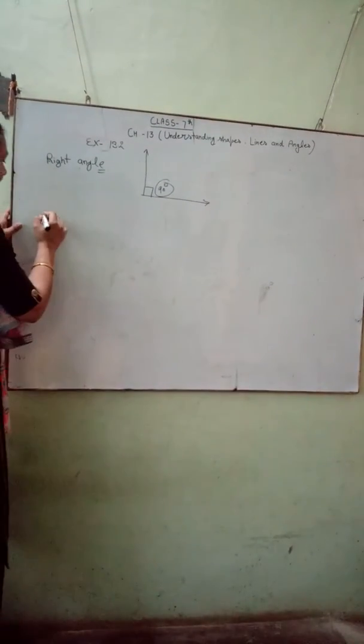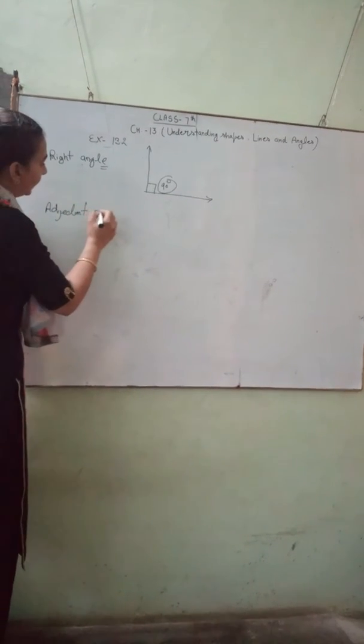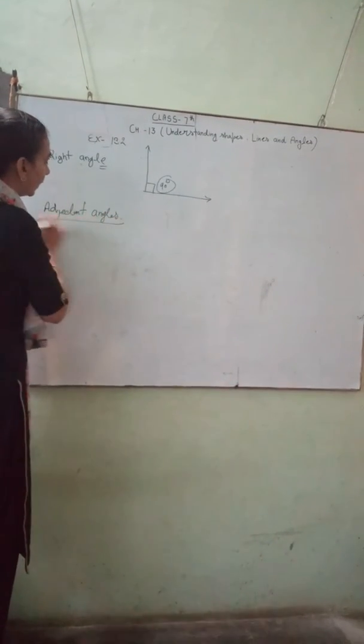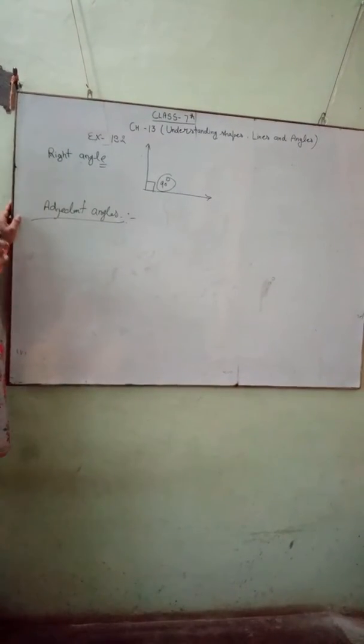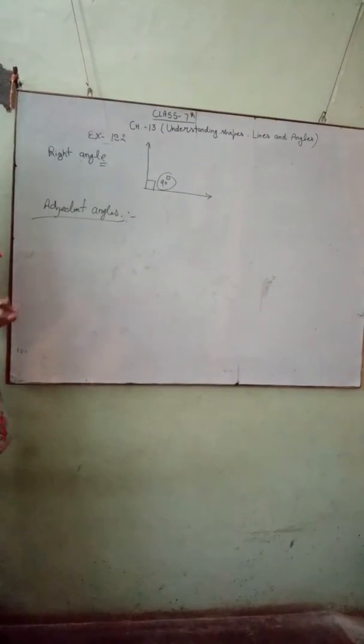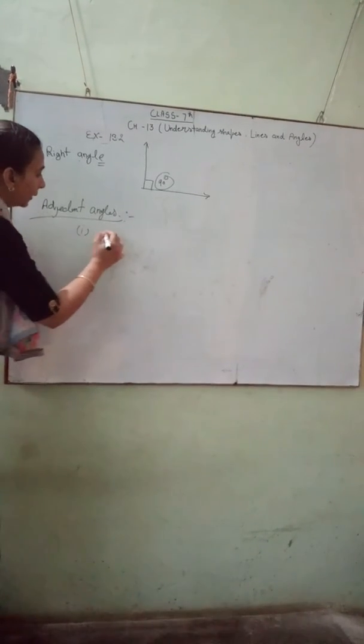Next, adjacent angle. There are some conditions of adjacent angles. What are the conditions? First, there is a common point.